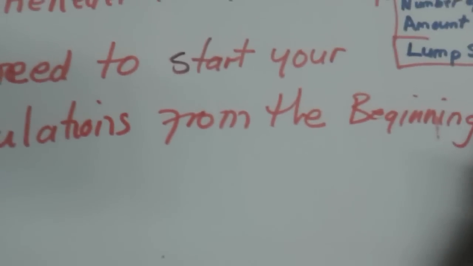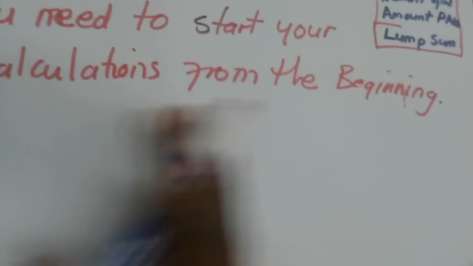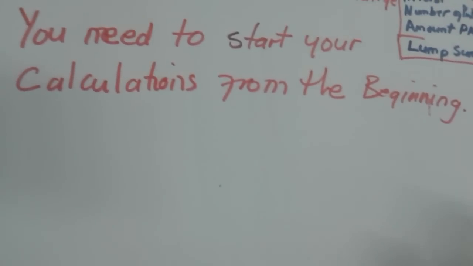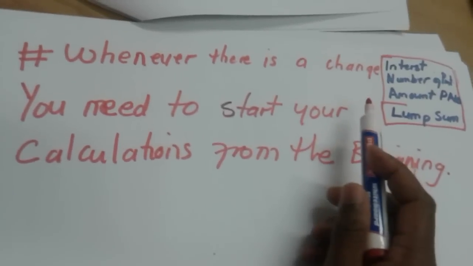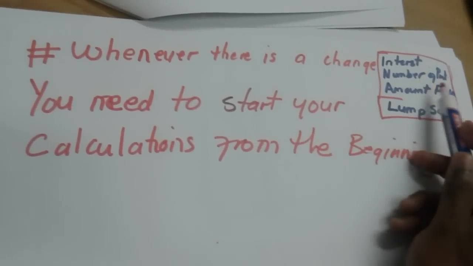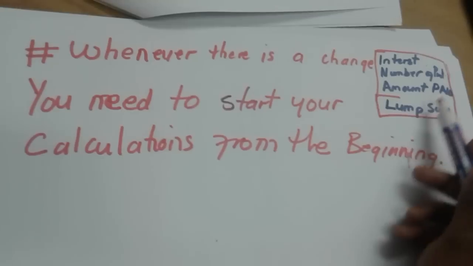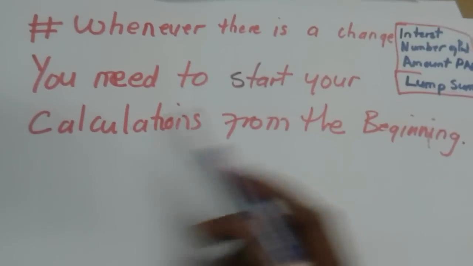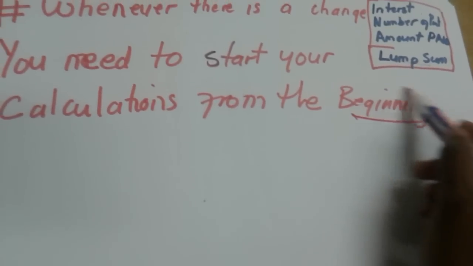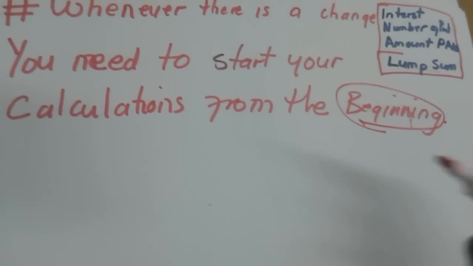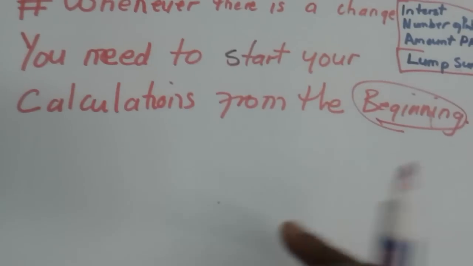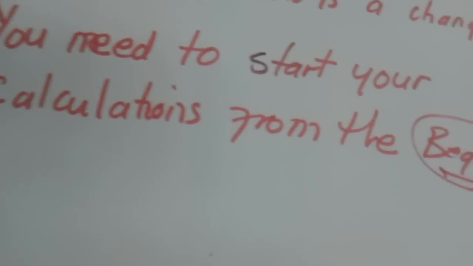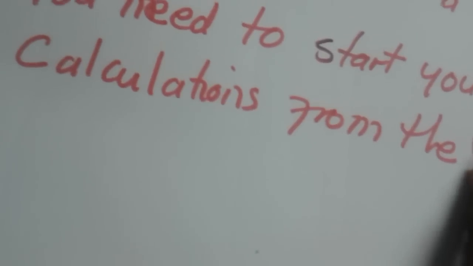I mean you must act as if you now have a new loan and new balance, new term, new payment. So whenever there's a change, and your change can either be interest, number of payments, amount paid, or lump sum, you need to start your calculations from the beginning, right? So what do I mean? You need to start again with your new PV, N and I. So with this understanding, let's look at the question.